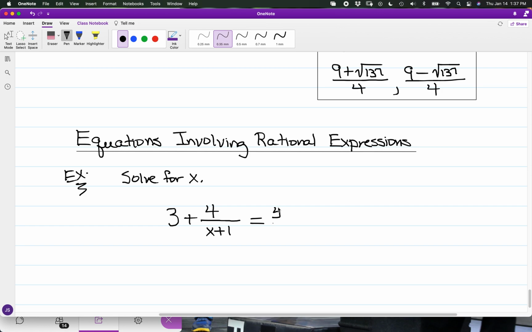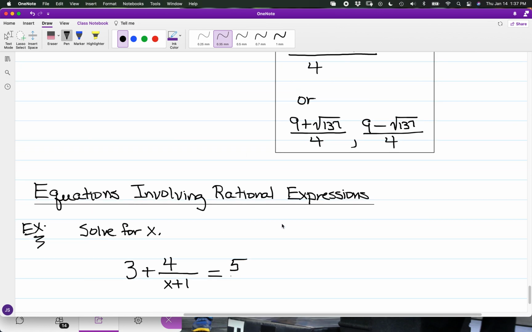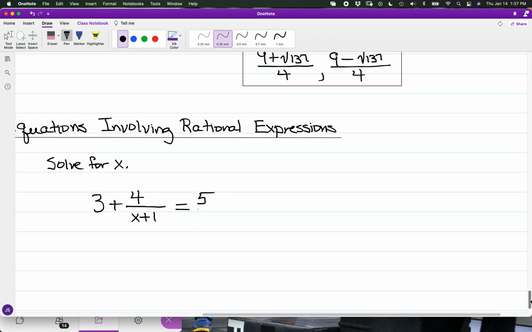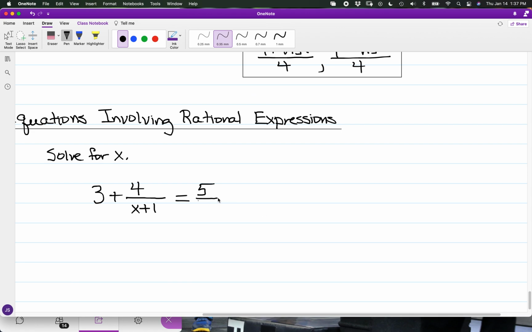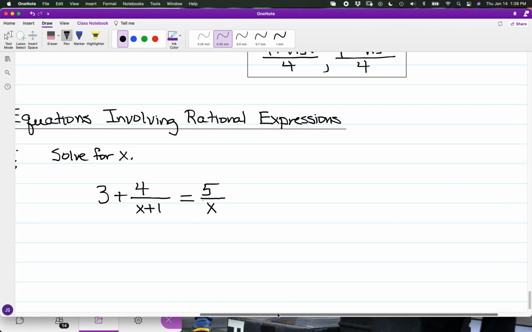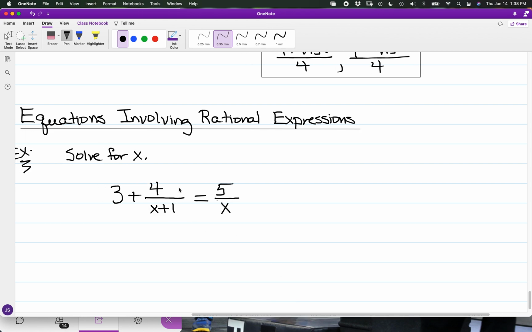We'll say you have 3 plus 4 over x plus 1 is equal to 5 over x. Okay, so you're looking at solving for x, whereupon we have 3 plus 4 over x plus 1 is equal to 5 over x.